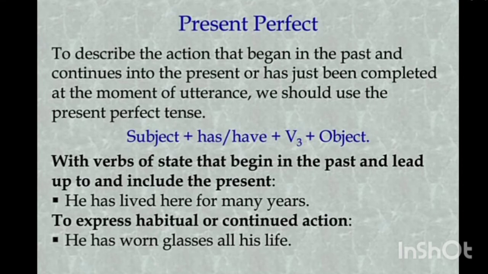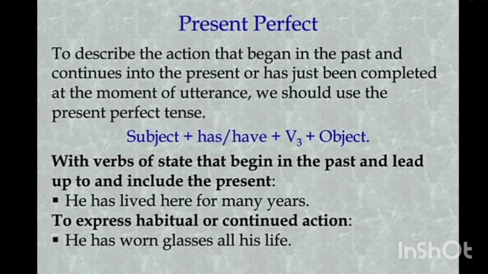We have already discussed this in our previous chapters. In present perfect tense, the form of the verb which we will be using should be the verb third form, V3, and then the rest of the sentence. With verbs of state that begin in the past and lead up to and include the present, something which may have started in the past but is still going on.